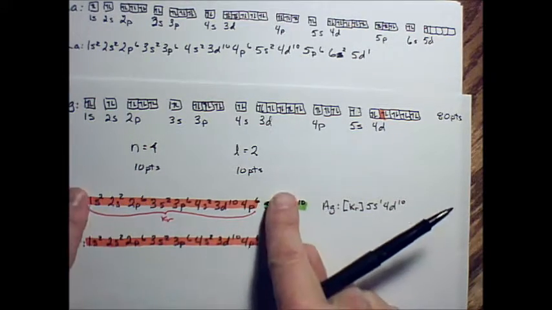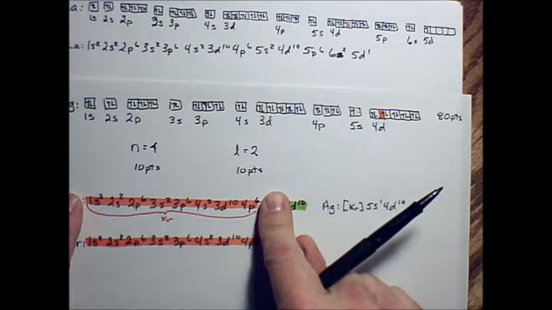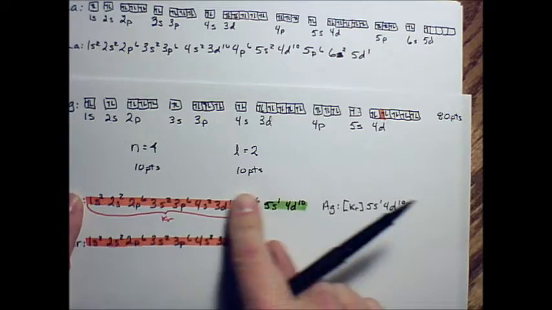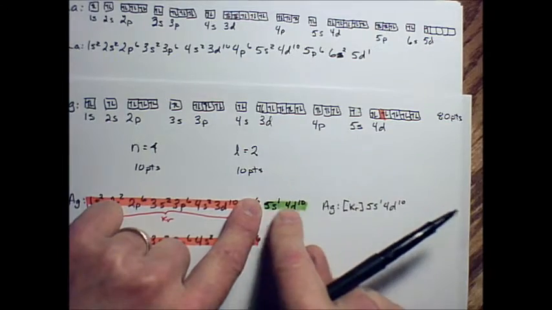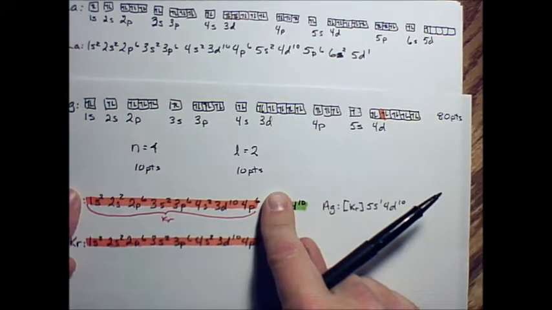Basically, this part of silver right here isn't involved in bonding at all. When we do bonding, the only electrons we move around are these up here. We don't move these at all.